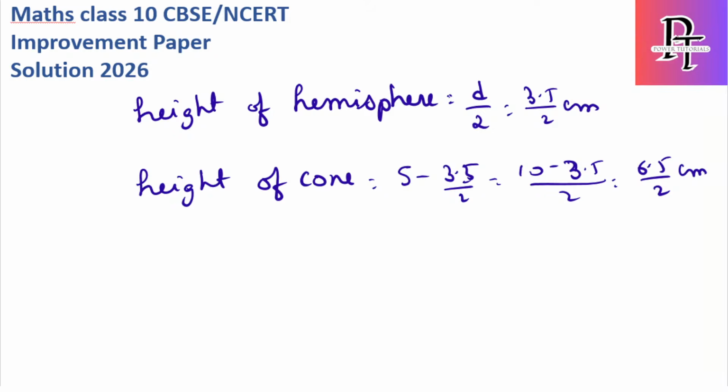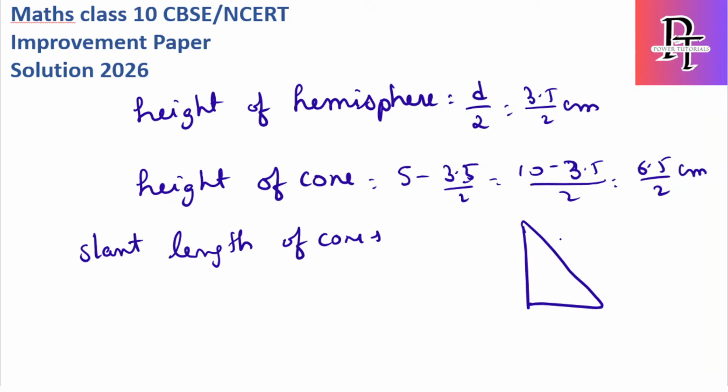We have the height of the cone and the height of the hemisphere. We want the total surface area, so we need the slant height or slant length of the cone as well, because pi r l is the area formula of the cone. For the slant height of the cone, we have to use the triangle. This is the slant height. Height we know: 6.5 by 2, whereas the radius of the cone is 3.5 by 2.